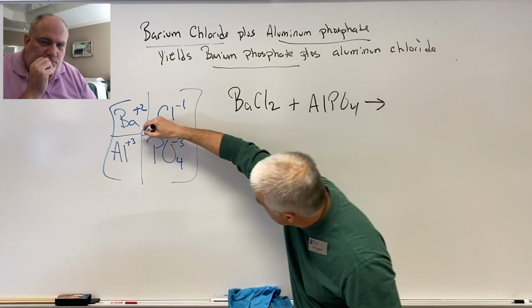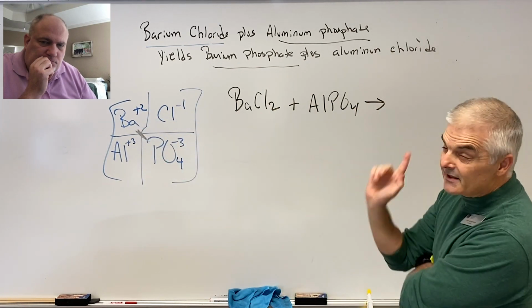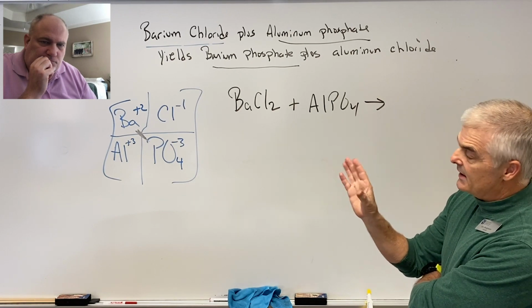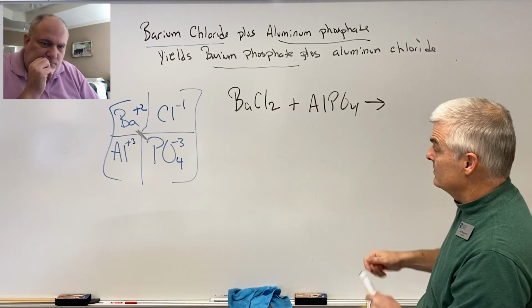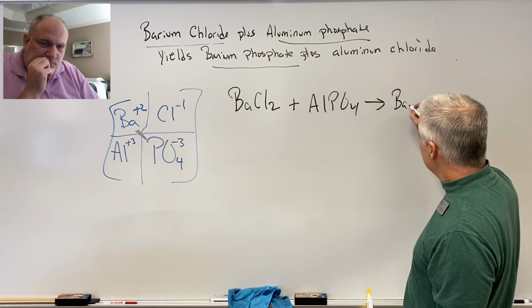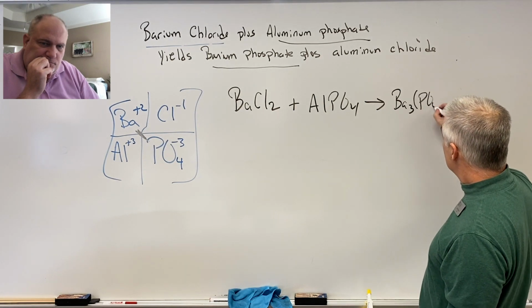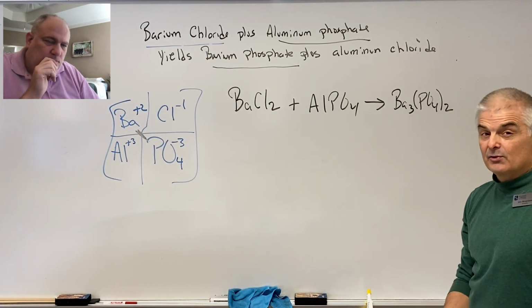So now I'm going to put the barium with the phosphate. Barium and phosphate is a little trickier, but again, remember how to do this. You have to add up the charges to 0. So that's going to be, now watch me here, Ba3(PO4)2, because the lowest common denominator is 6.